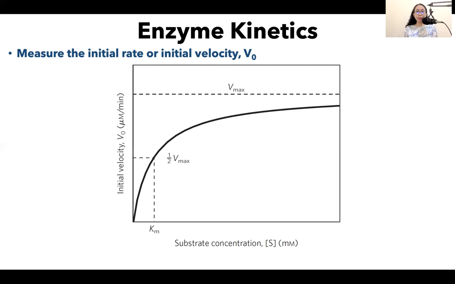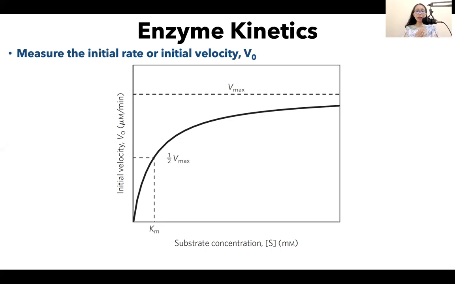And this complicates things. But a workaround is to consider that in your system, you only have a very small amount of enzyme. Let's say 10 enzyme molecules. And you have a very, very large amount of your substrate. Let's say 100,000 substrate molecules.